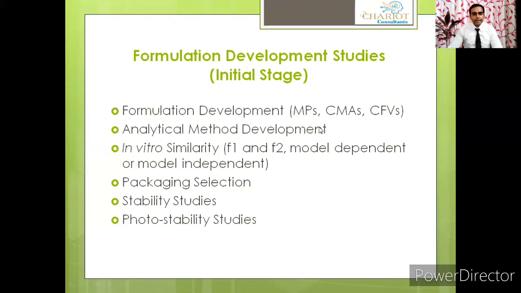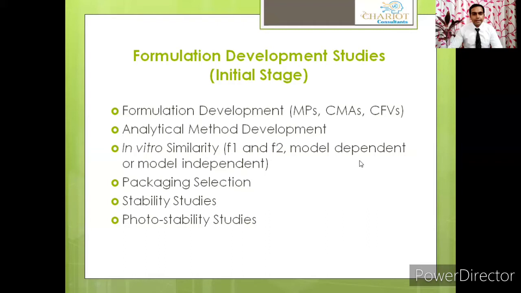Followed by, once you have developed your process, you have identified the process that you will be using, you will evaluate the critical material attributes, CMAs, for example, your API particle size. You will need to justify to the agency why you have selected a particular API particle size based on your CQAs.